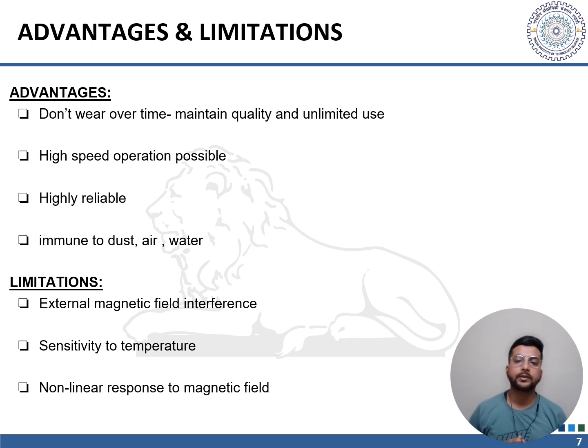Whenever they are packed, they can be very immune to dust, air, and water, whereas some sensors like capacitive sensors may get triggered by dust. Now we'll look at some of the limitations. Because the Hall effect works on the magnetic field, whenever there is some external magnetic field present, it can interfere with our results and give us biased results.